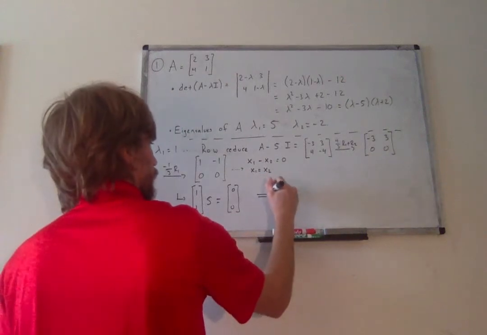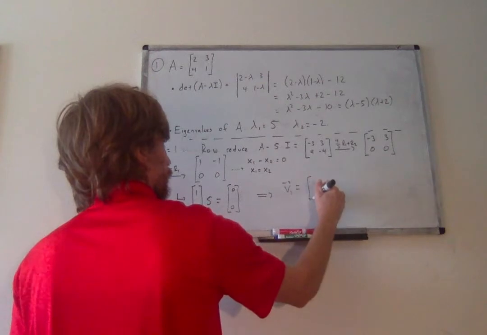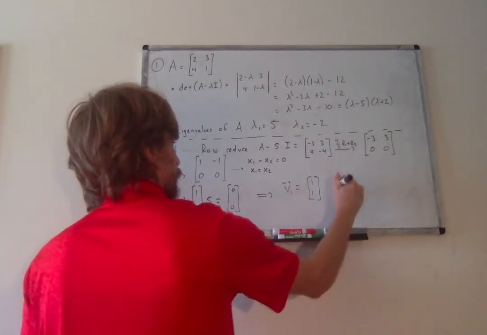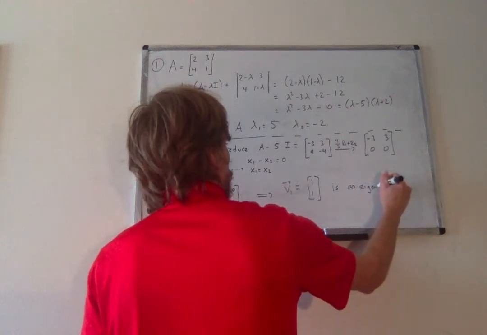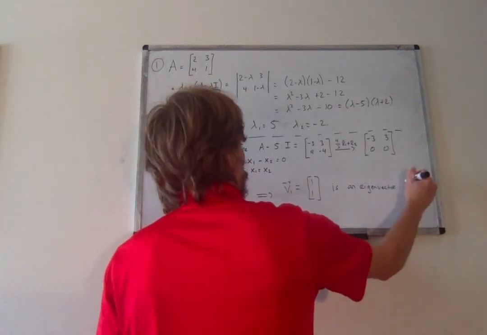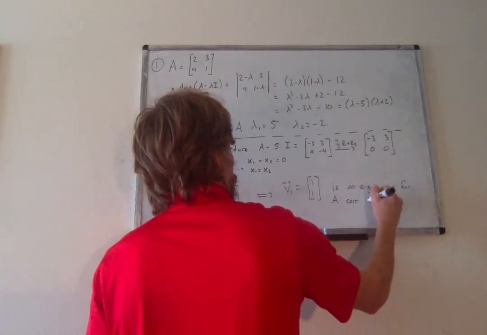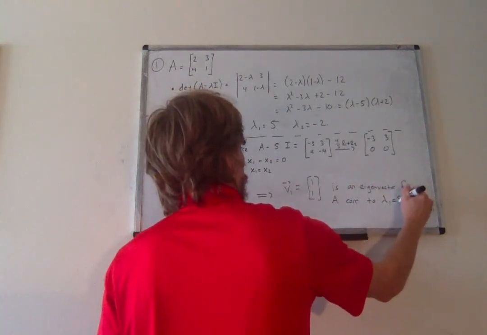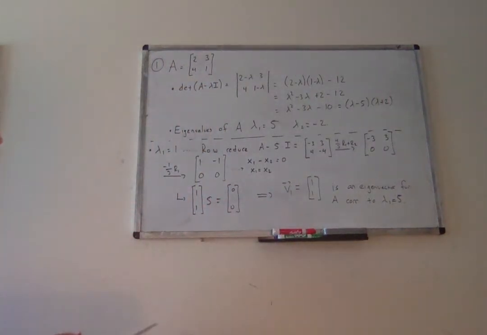And so this means that the vector v1 equals 1, 1 is an eigenvector for A corresponding to lambda 1 equals 5. So again, that's how you do that.